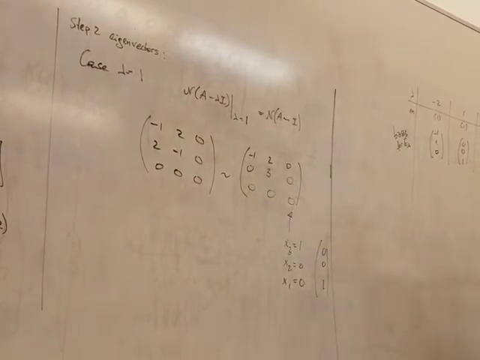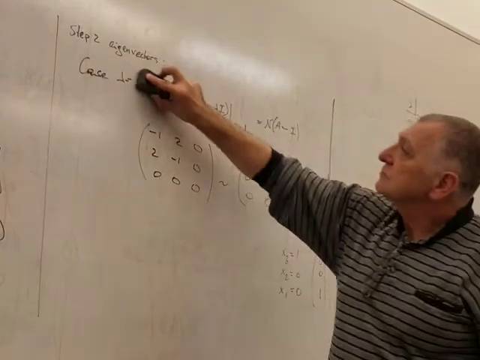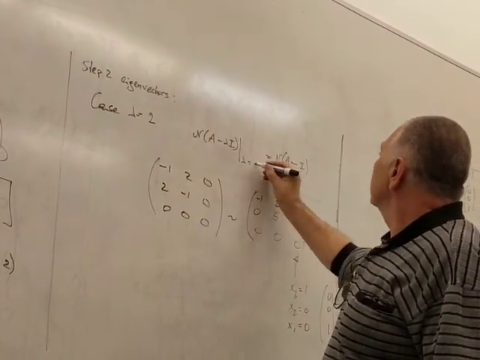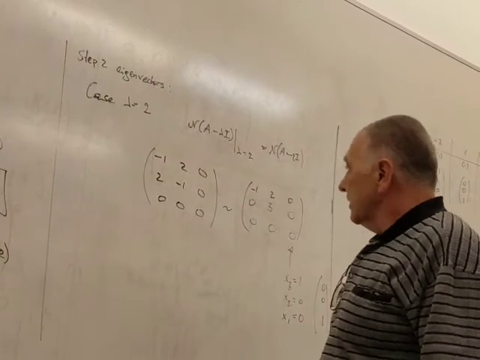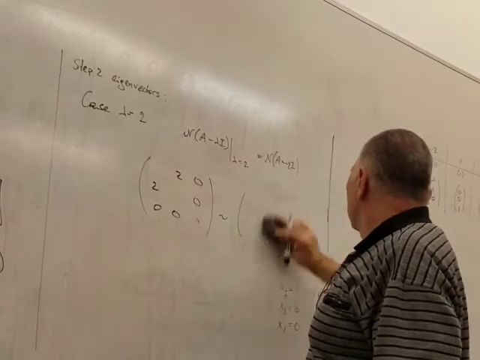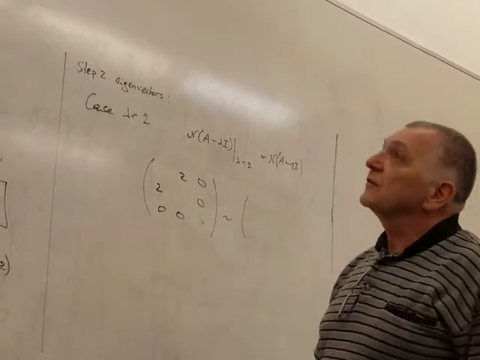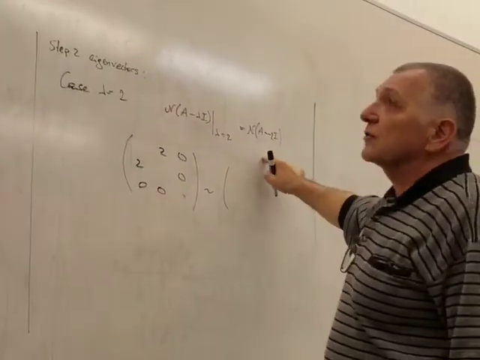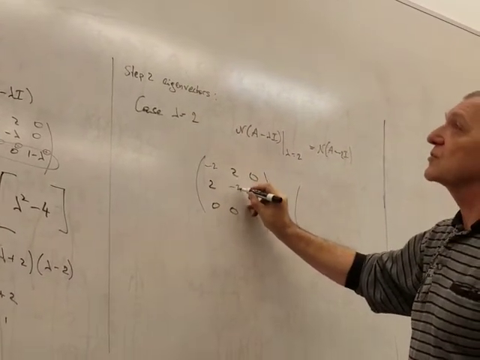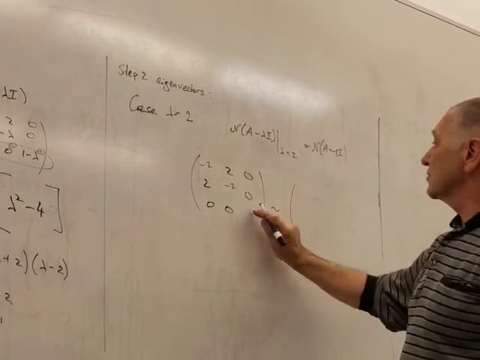Third one, plus 2. Plus 2, plus 2, minus 2i. Diagonal changes. So let's see, I had to subtract 2 off the diagonal. It was minus 2, minus 2. 1 minus 2 is a minus 1.